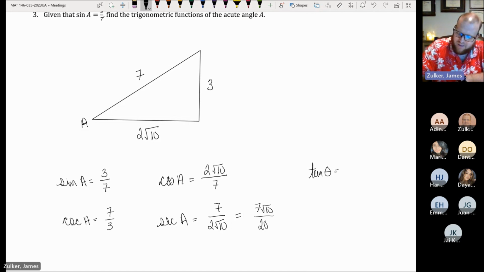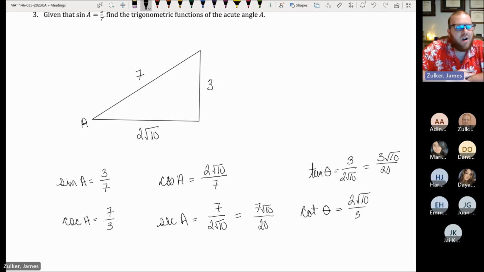Tangent: three over 2 root 10, or 3 root 10 over 20. And then finally cotangent: 2 root 10 over 3.